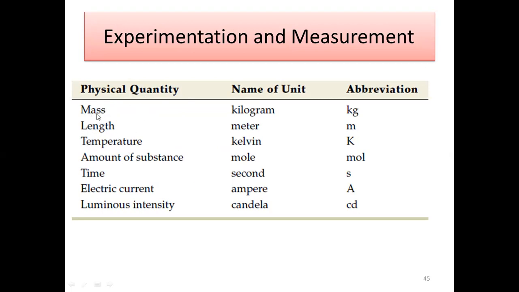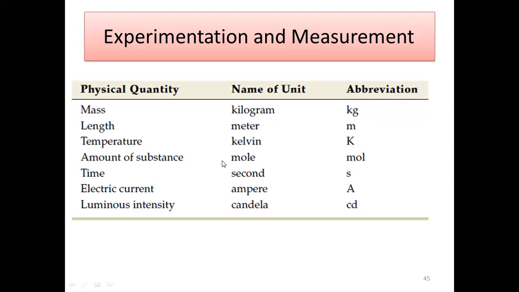That means to measure the mass, the unit of this measurement is kilogram, and the abbreviation is small k and small g. This is the abbreviation to be used for the kilogram. Similarly, for the length, the name of the unit we measure is a meter, and the symbol is m.